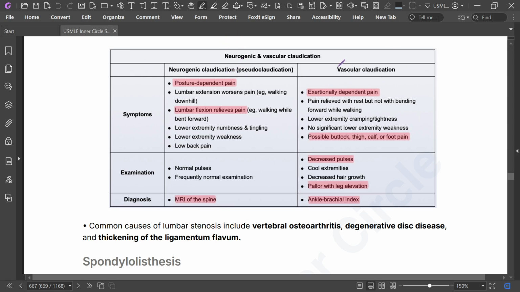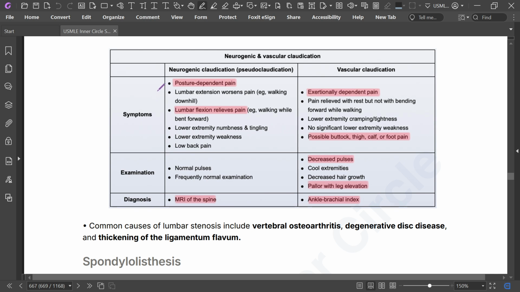Neurologic claudication, or pseudo claudication, is posture dependent pain. Lumbar extension worsens pain, like walking downhill, and lumbar flexion relieves pain, like walking while bent forward.